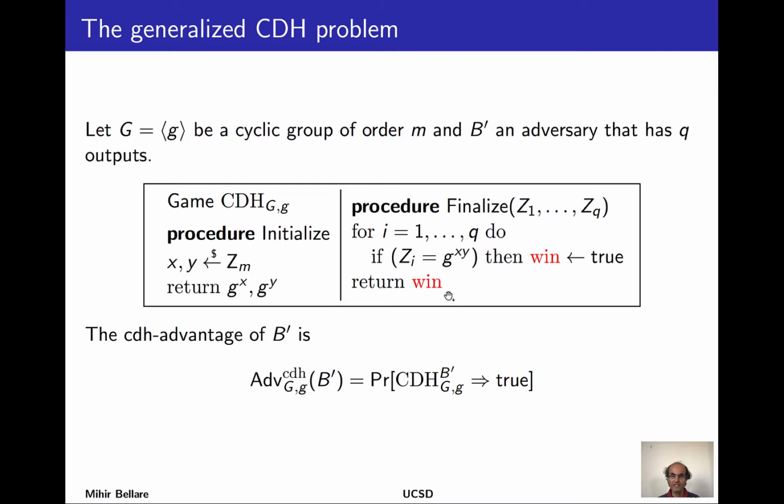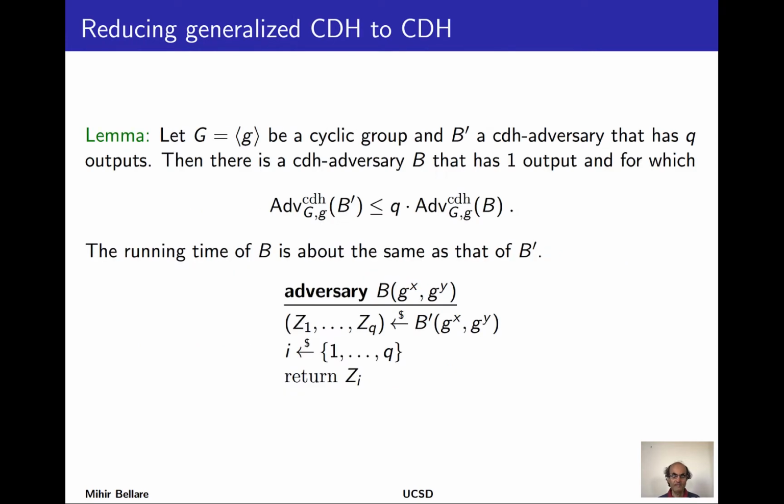Again, the usual CDH just corresponds to the special case that Q equals 1. So the CDH advantage of our adversary is just the probability that it wins when it plays this game. Now, this isn't a qualitatively different problem.